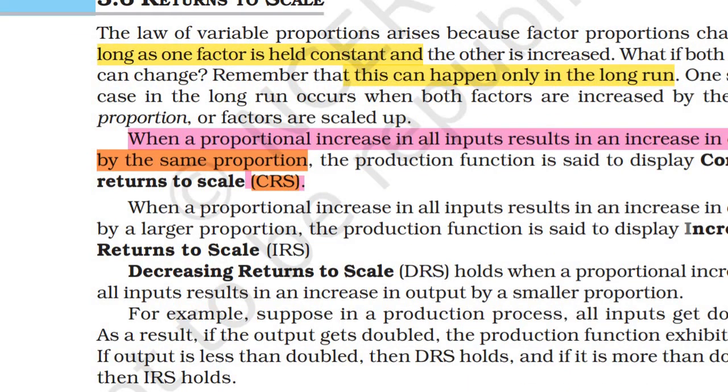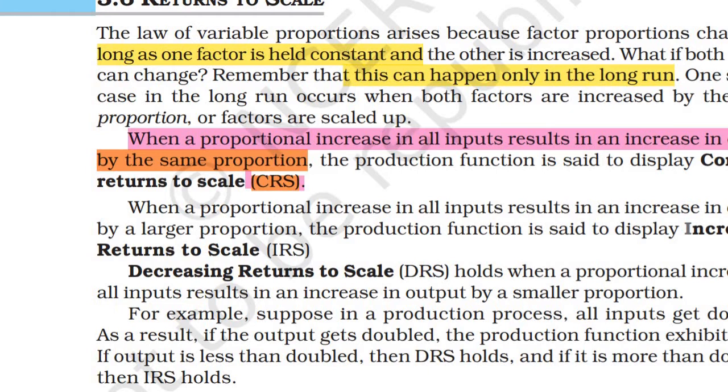When a proportional increase in all inputs results in an increase in output by a larger proportion, then the production function is said to display increasing returns to scale.